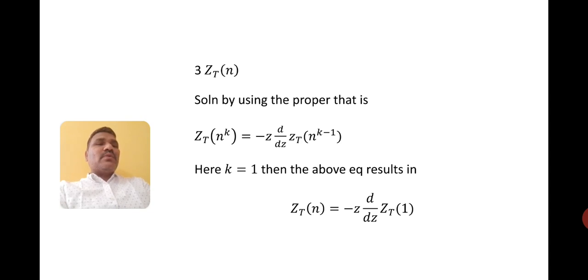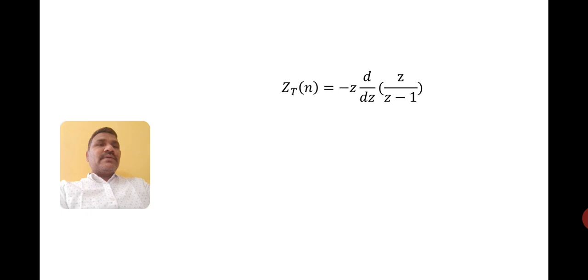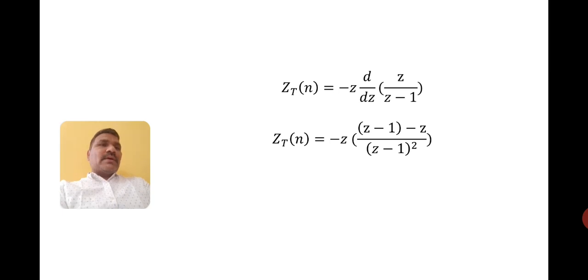Now do the differentiation: we get z minus 1, z differentiation is 1, minus z, over z minus 1 whole to the power 2. After simplification, the z transform of n is z by z minus 1 whole to the power 2, right?